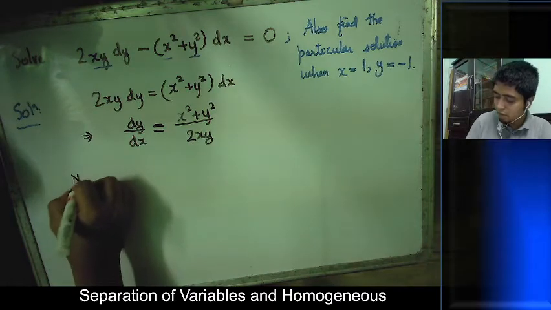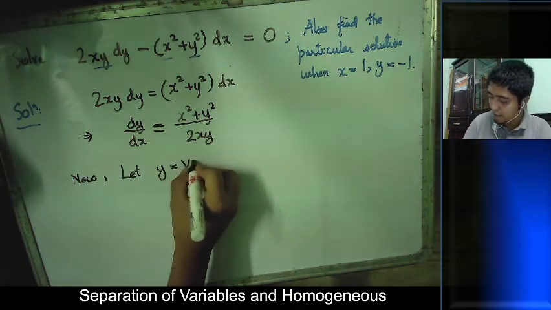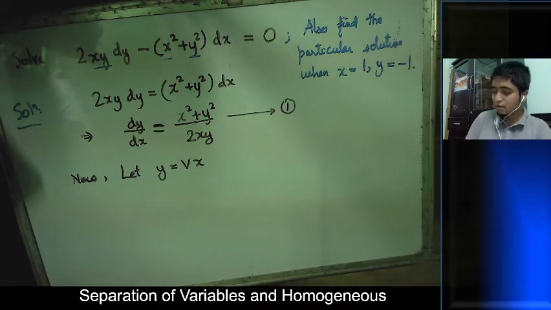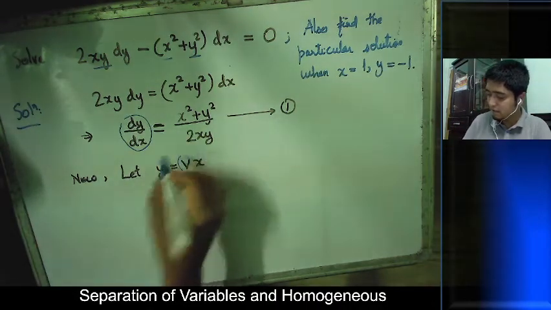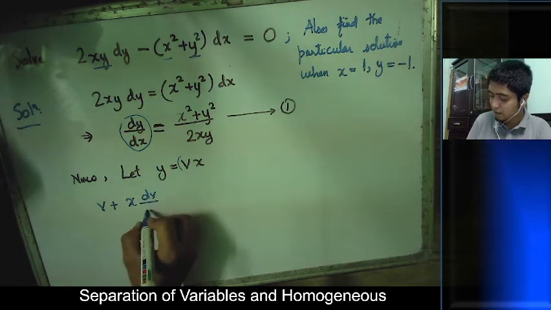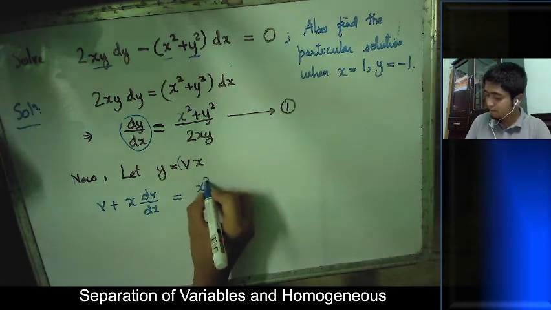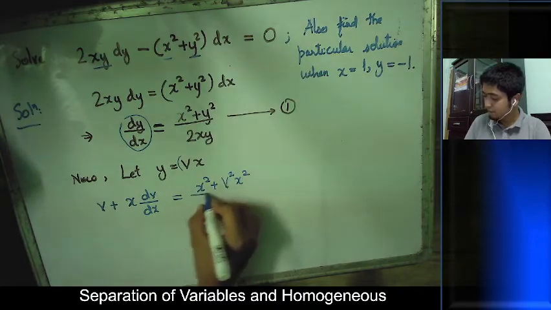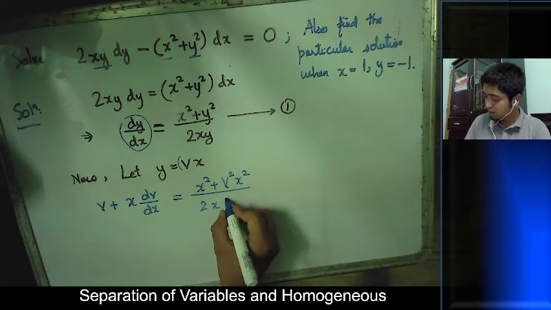Now let y equal vx. Let's substitute y equal vx. If you differentiate y with respect to x, you will be getting v plus x dv/dx. Over here x squared, and over here y squared will be v squared x squared, 2x, and over here y will be vx.